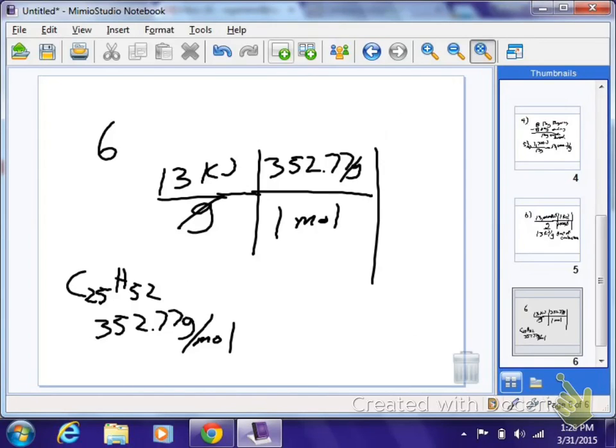So I get 13 times 352.77, an answer of 4,585 kilojoules per mole. You will have something different than what I have, but I'm just using this as an example. And that would be your answer for 6.